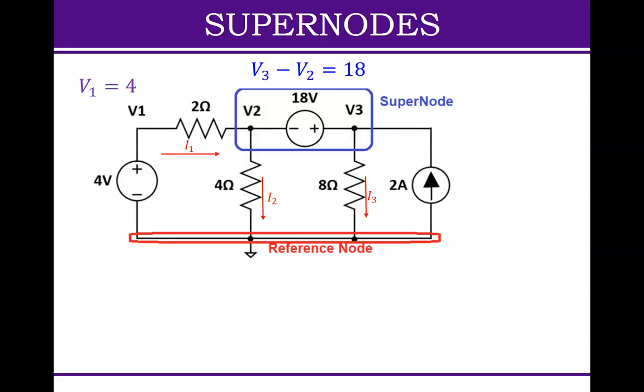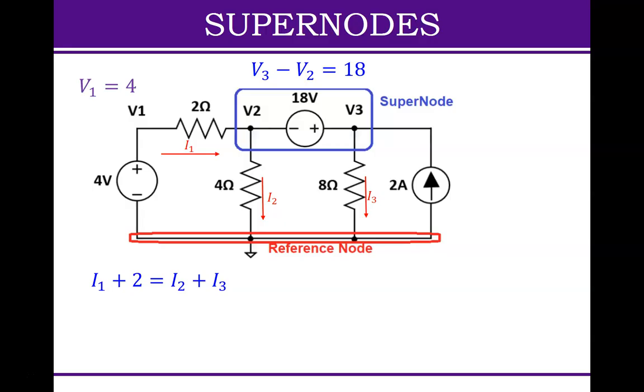So in this case, using KCL, we can basically say the current going into the supernode, which is I1 and 2 amp, adds up together to create the current coming out of the supernode, which is I2 and I3. So I1 plus 2 equals I2 plus I3. Now, just like when we did nodal analysis, we use Ohm's law. I1 starts at V1, which we already know is 4 volts, goes towards V2.